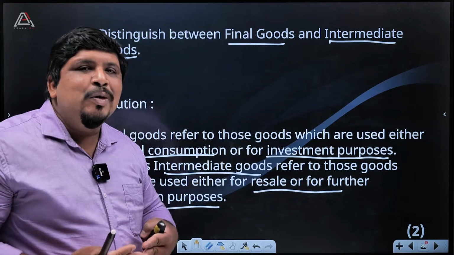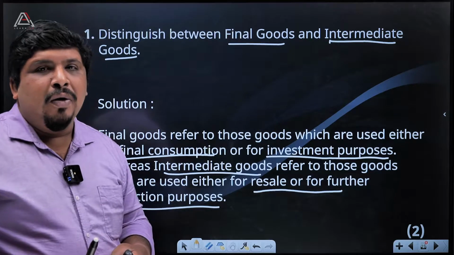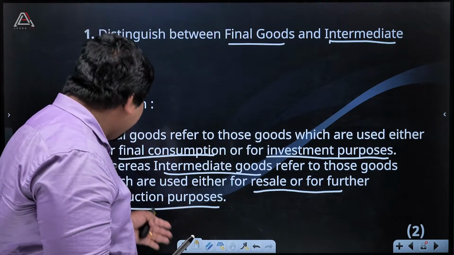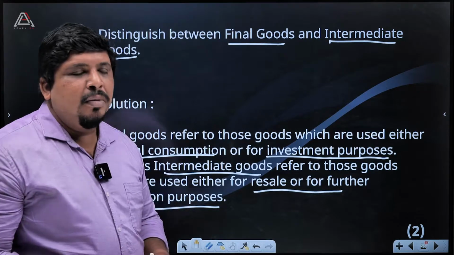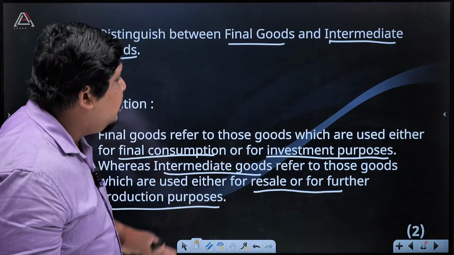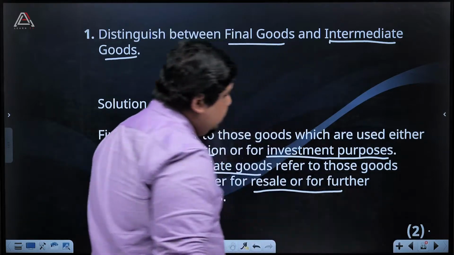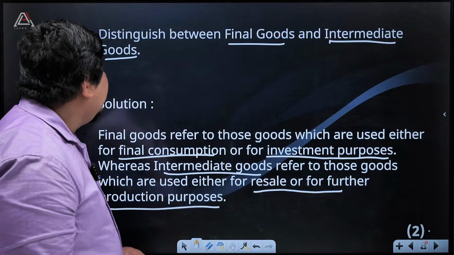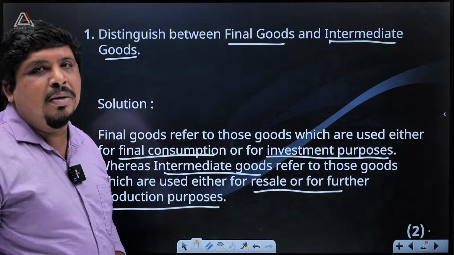Bread, we are consuming, so we consider it a final good. But flour is used for making bread, so we consider it intermediate. That is an example; you need not write it. You only have to write the 2 statements, then you will get 2 marks for that question.